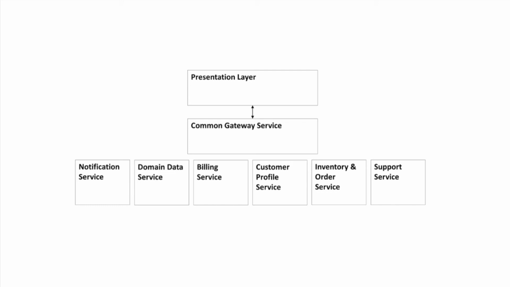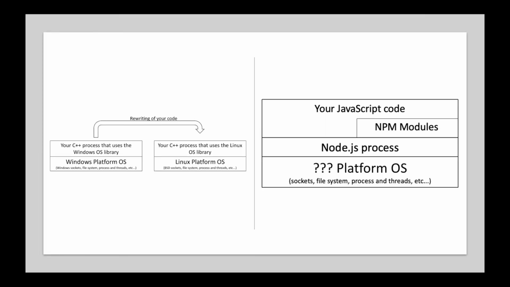This way, if any of the backend services need to evolve or change or go away in any way, you're protected from that. But the point is, you would be writing these separate backend services, such as for billing or customer profile or inventory or ordering or things like that.